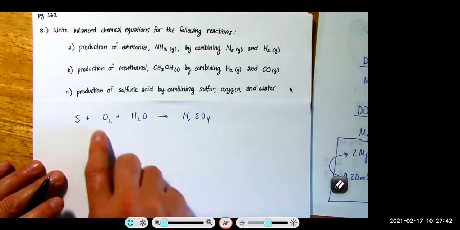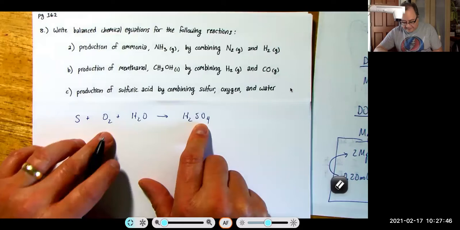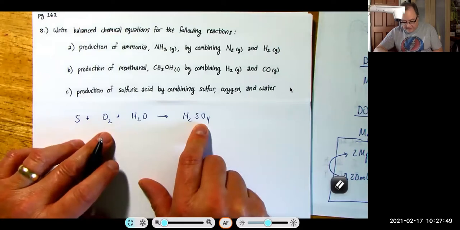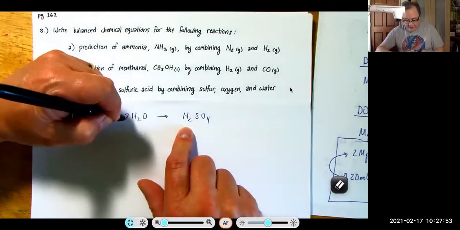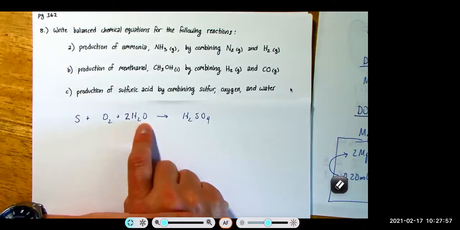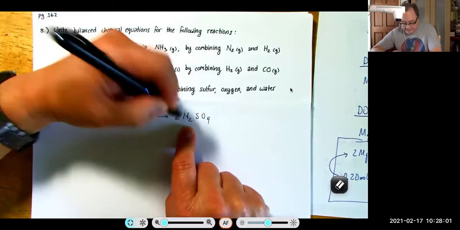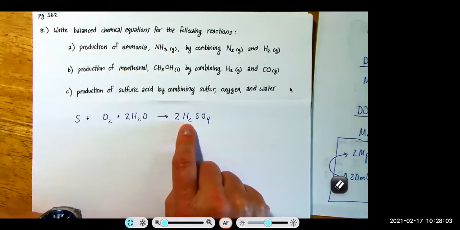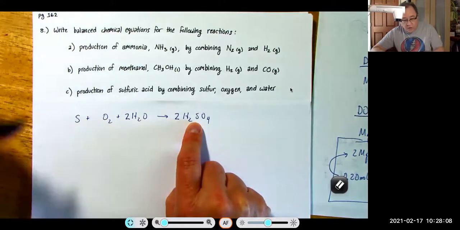Sulfurs match, hydrogens match, oxygens do not. So how do we get oxygens to match? We put a 2 here, and then we have 4H2. Now we have 4H2, which means we got to put another 2 here. So now we have 4H2, but now we have 2 sulfurs. We're not going to worry about that till later.